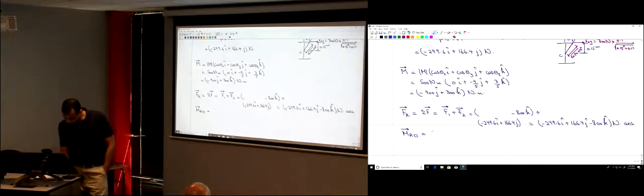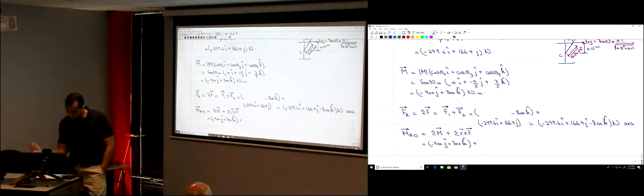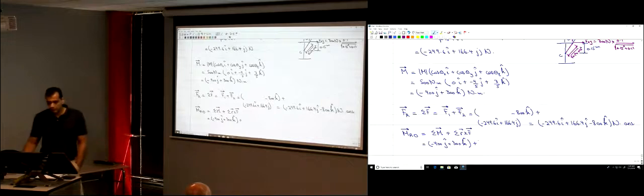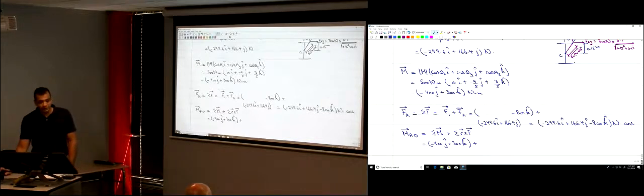So the summation of any moment couple plus the summation of the moment of each force. The moment couples that we have: negative 400J plus 300K, plus R cross F for each force that we have.